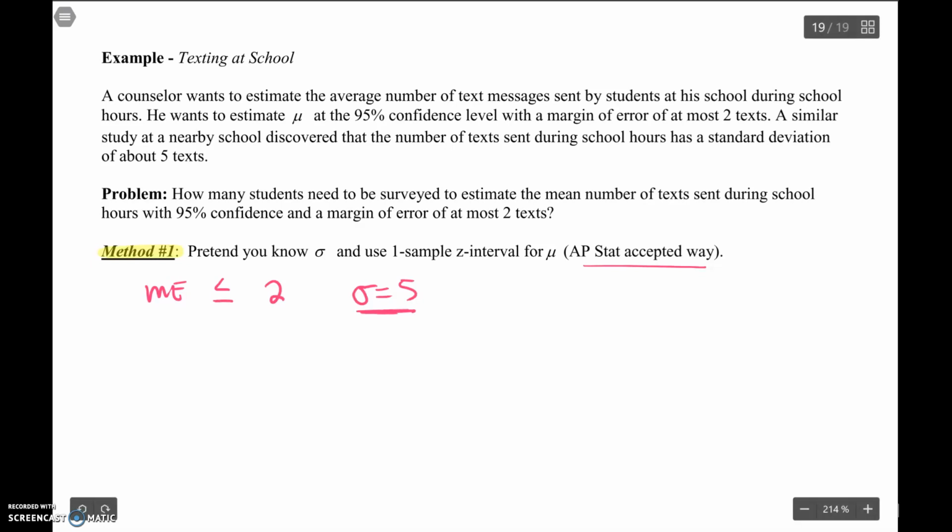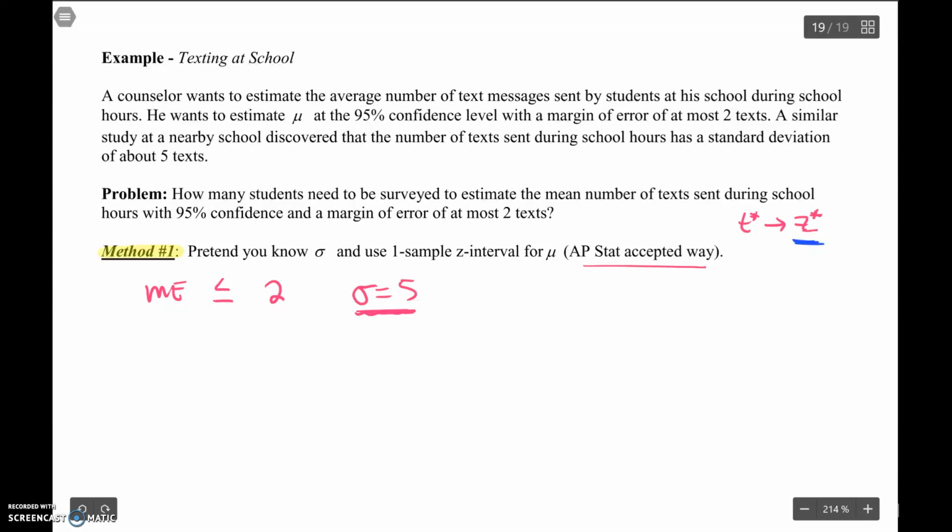So we're going to use this. The AP way is to just forget about the t-crit and pretend you have Z. I guess we shouldn't assume that we have the sigma because this is not our sigma, but we're pretending we have a sigma. This is just another hand-waving way to do things. Let's just pretend we have a Z to make it easier.